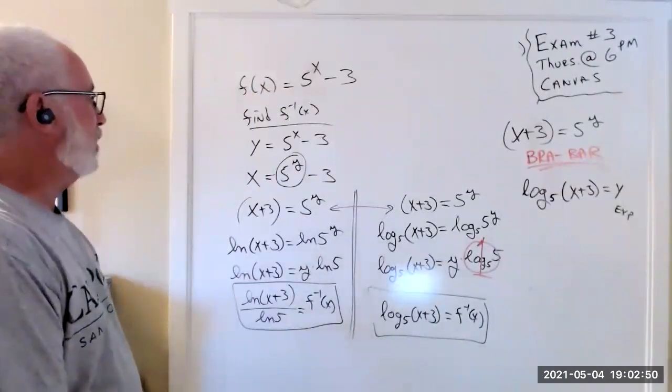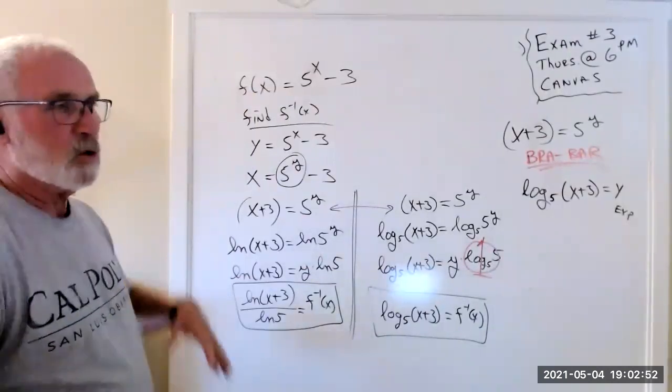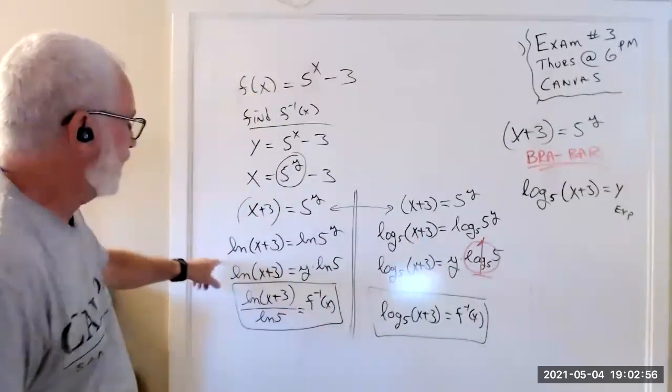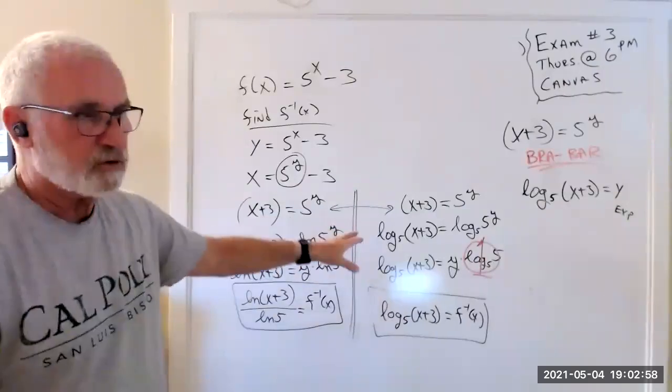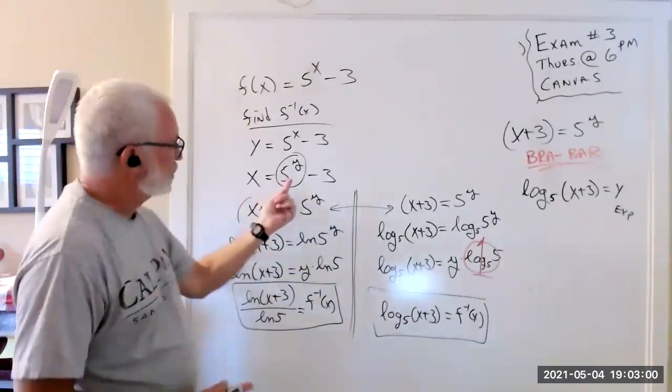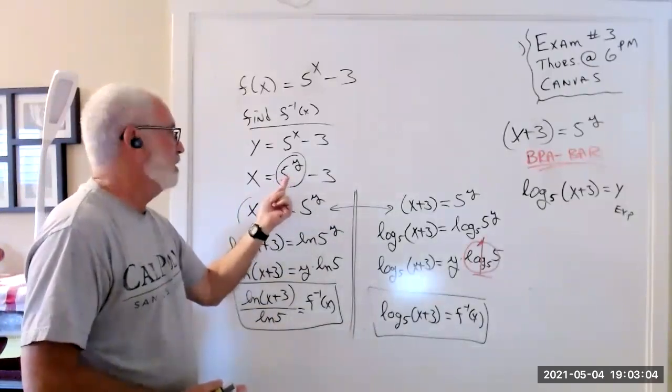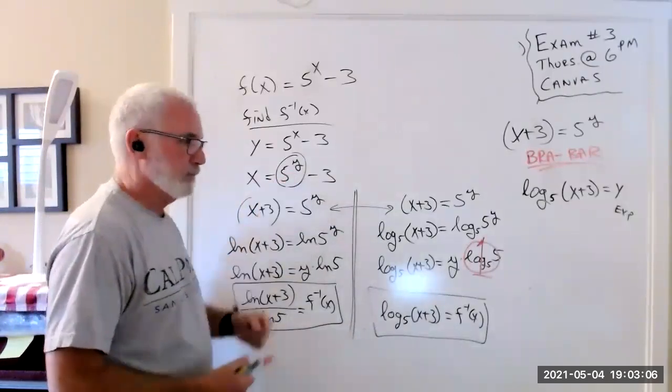Okay, remember, the game is before you do all this fancy stuff, before you do the bar, before you take the log or the ln of both sides, you have to isolate the weird stuff. You have to isolate the 5 to the y.